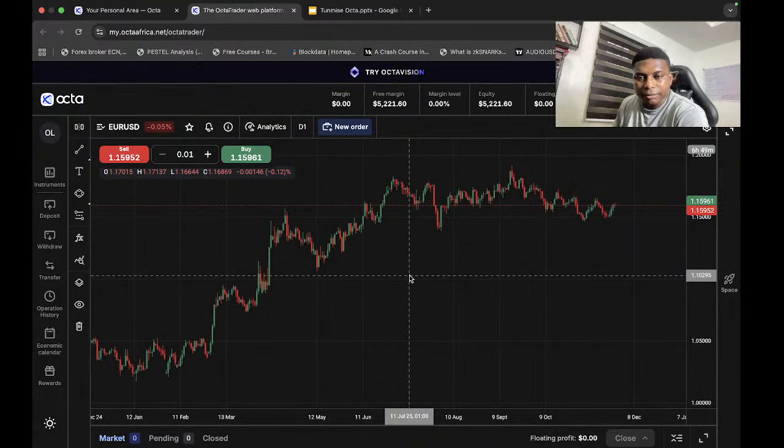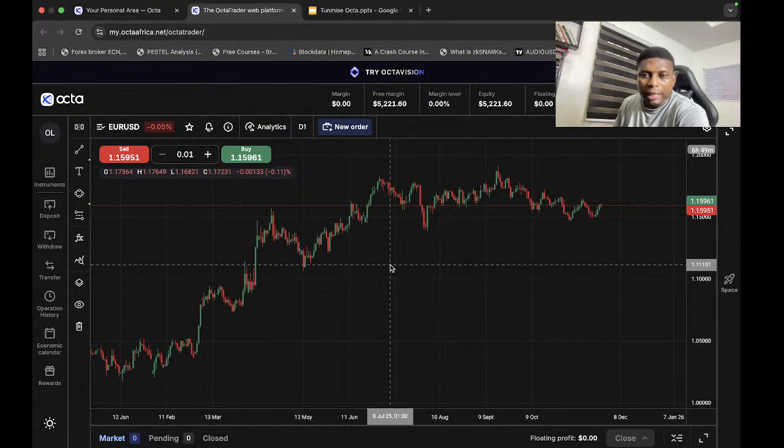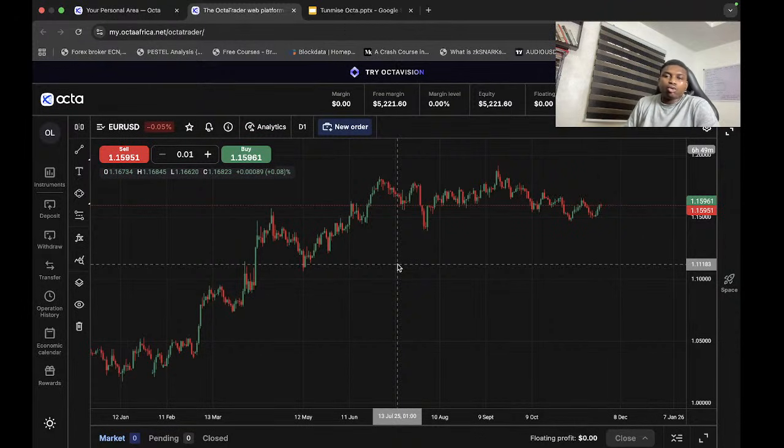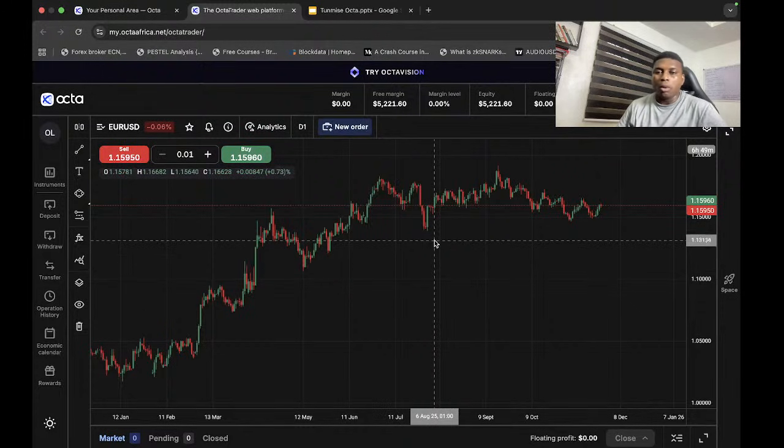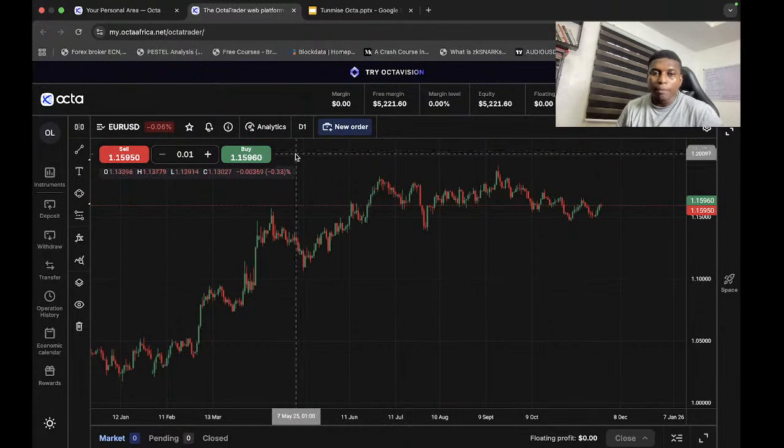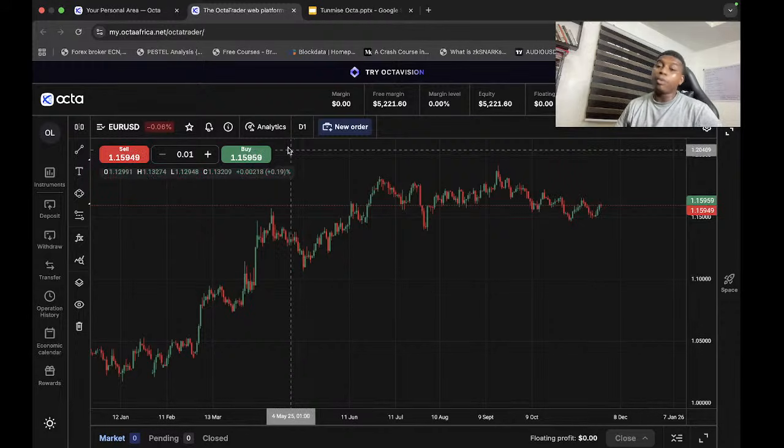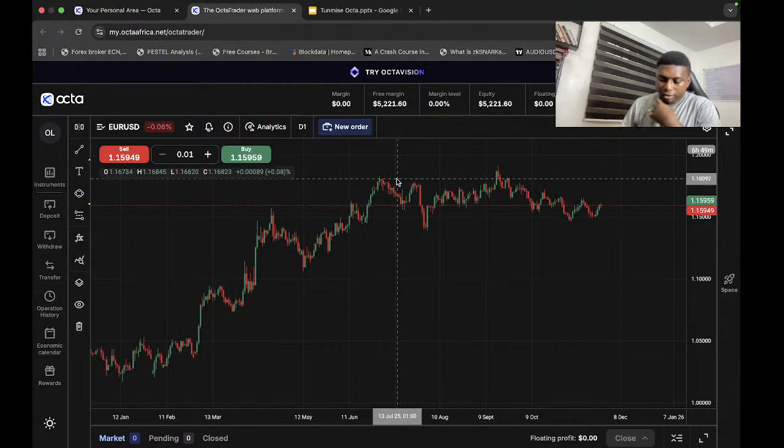And what we do is capture the market structure, understand the market structure, and position ourselves in line with the market structure. So what we're going to do here now is map out levels of support and levels of resistance.